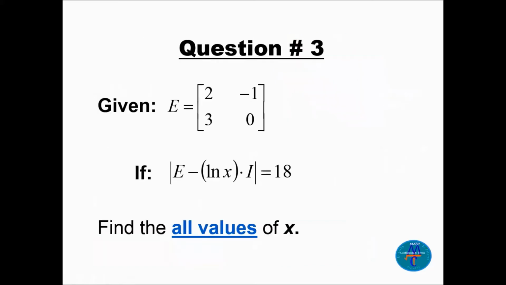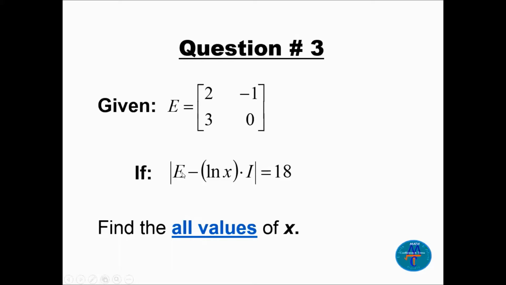Okay, let's move to question number 3. Given a 2 by 2 matrix E: 2, minus 1, 3, 0. If the determinant of E minus ln of x, that's the natural logarithm, logarithm of base e, multiplied by I, the identity, equals 18.